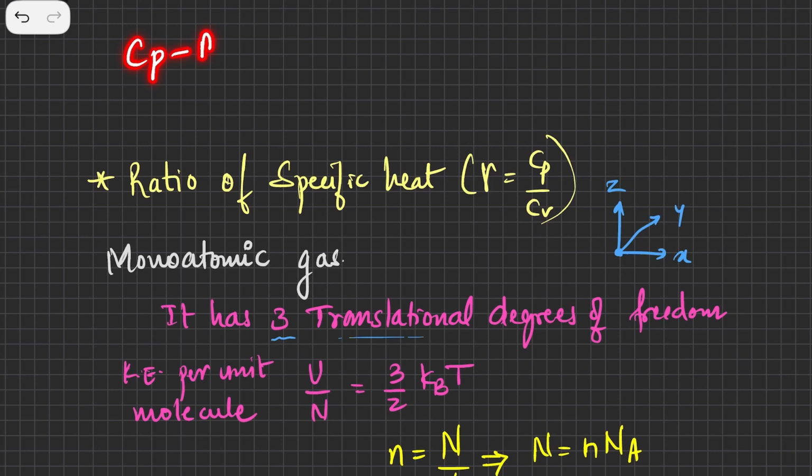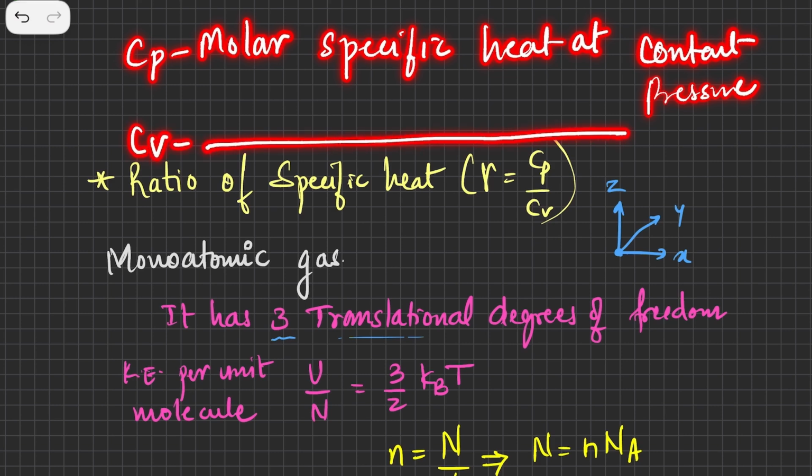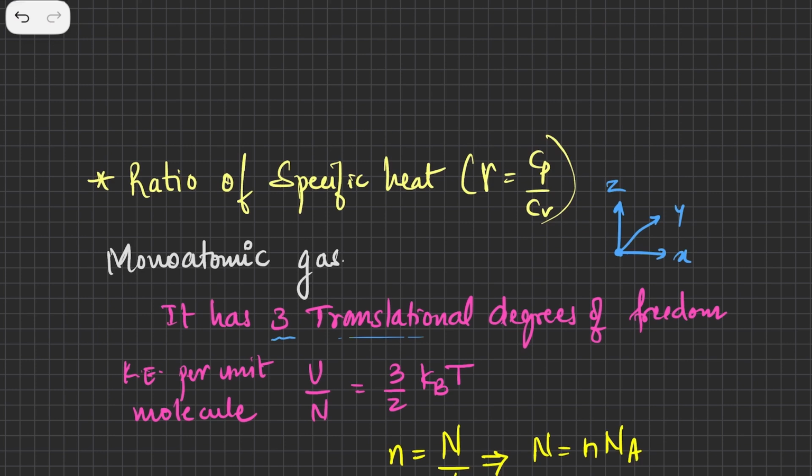Cp is the molar specific heat at constant pressure, and Cv is the molar specific heat at constant volume. Yes, this video is not in the scope of what molar specific heat at constant pressure and volume is. Maybe in your previous grades you might have studied that.